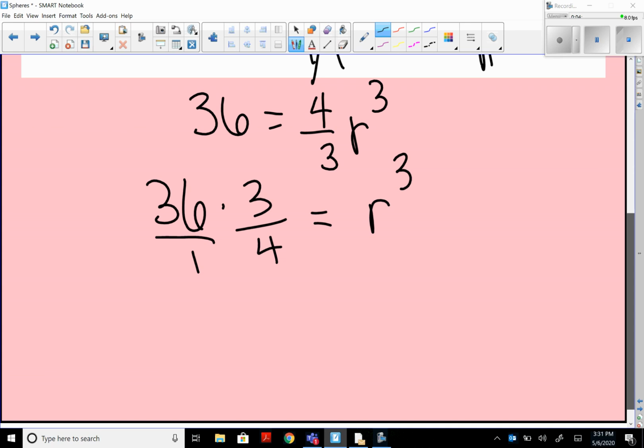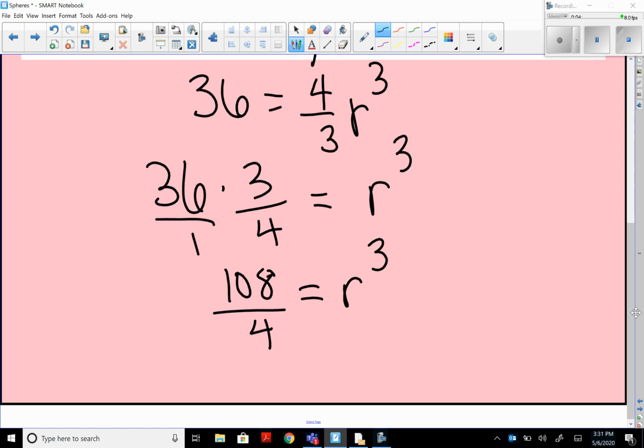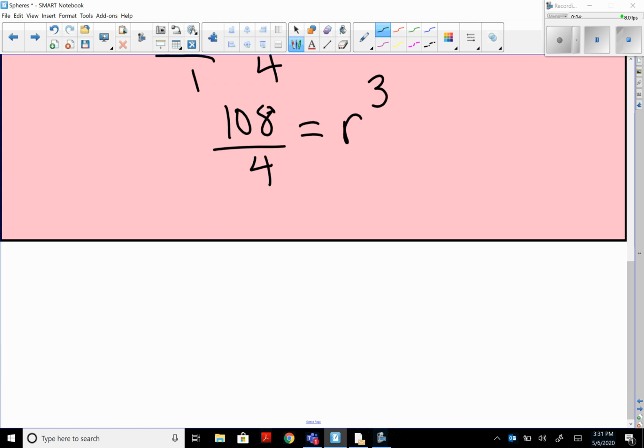So now I'm going to multiply 36 times 3, which is 108, divided by 4. That's going to equal radius to the third power. When I simplify 108 divided by 4, I get 27.